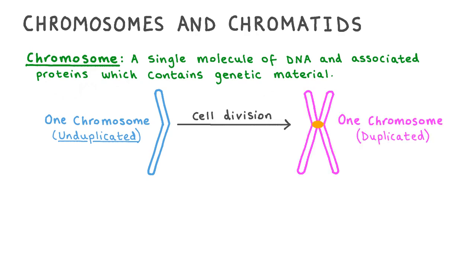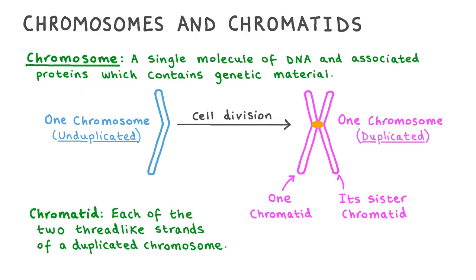The duplicated chromosome is still called a chromosome, but now it consists of 2 sister chromatids, which are joined at the centromere. This is why a duplicated chromosome looks like an X when we study it under a microscope. Even though an unduplicated chromosome looks like a chromatid, it would be incorrect to refer to it as such, because it only becomes a chromatid during cell division when it's part of a duplicated chromosome.